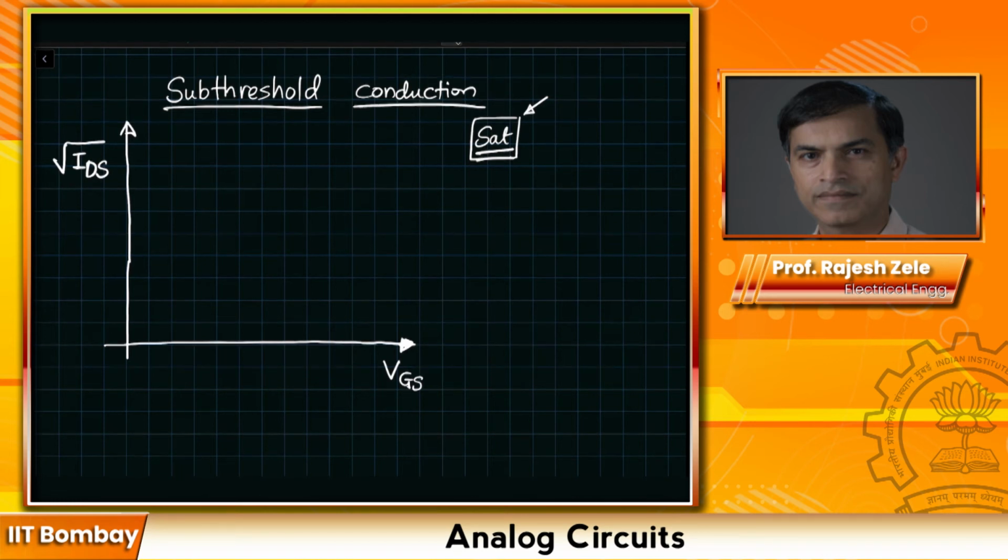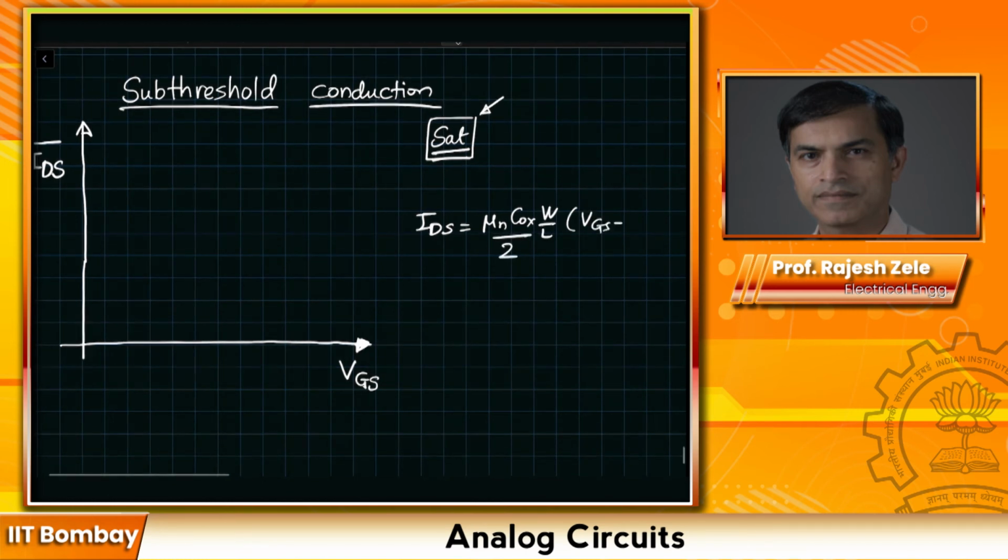So from the first order, if you remember, IDS is equal to mu n Cox W by L divided by 2, VGS minus VTH squared. I have told you that the transistor is in saturation.